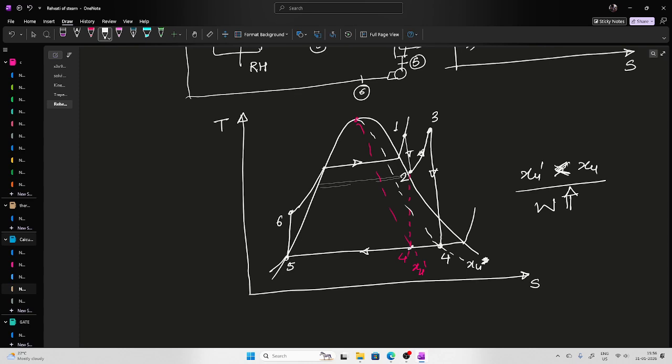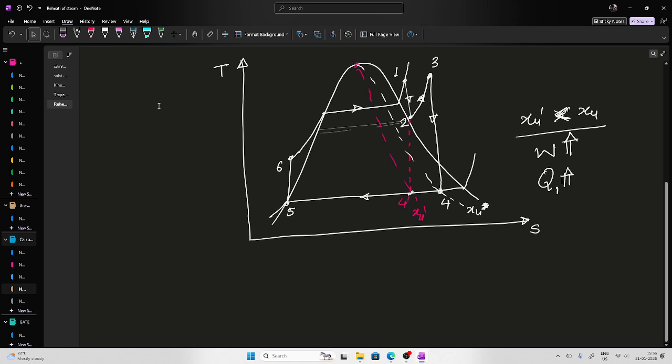So this is very important to understand here. Also, you are heating it again, so the heat input will also increase slightly. Now you can argue whether efficiency has improved or not. So we cannot guarantee. The improvement in the efficiency can only be told once the mean temperature of heat addition is evaluated. Okay, so let us try to do some analytical work.